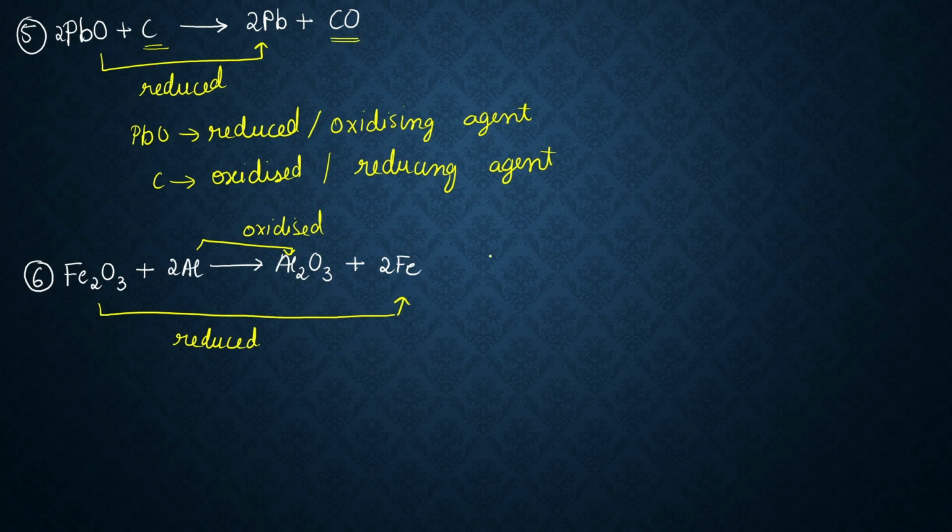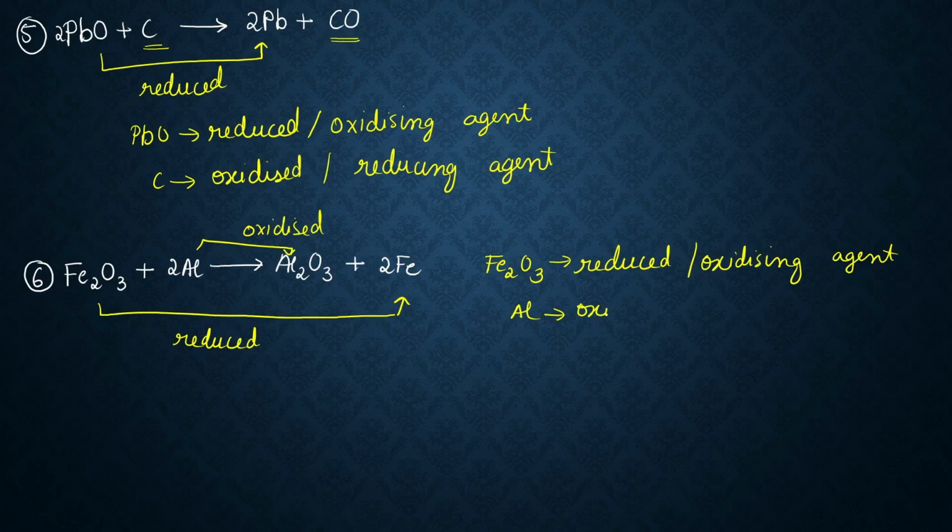From this example, you can say that Fe2O3 is reduced, or in other words, it is the oxidizing agent. And aluminium is oxidized, or in other words, it is the reducing agent.